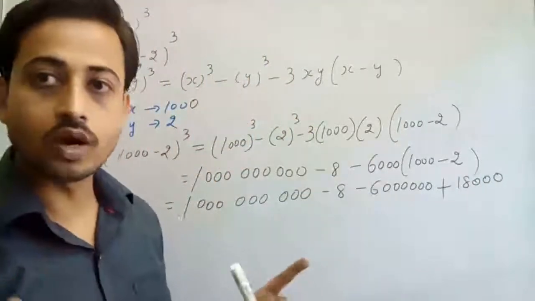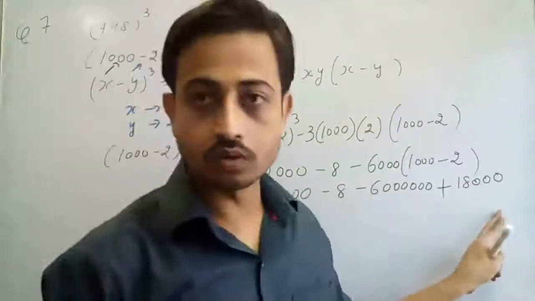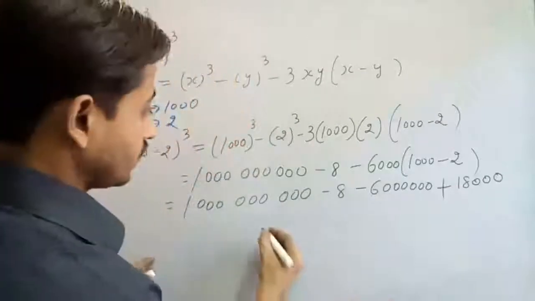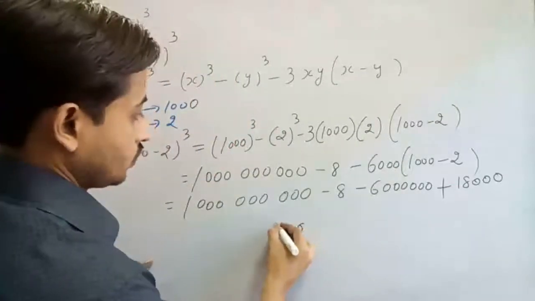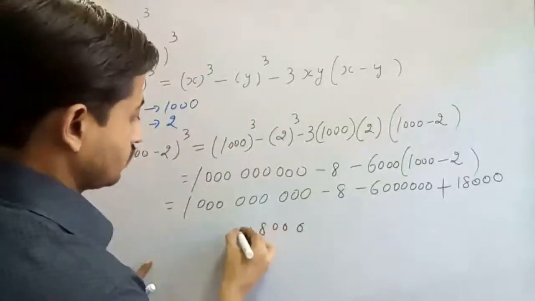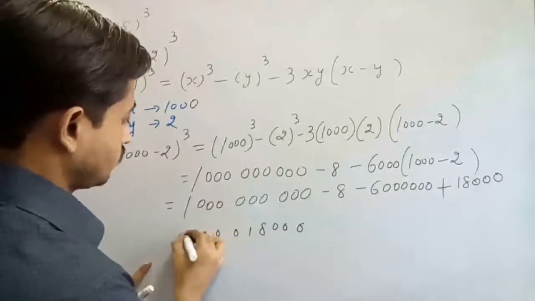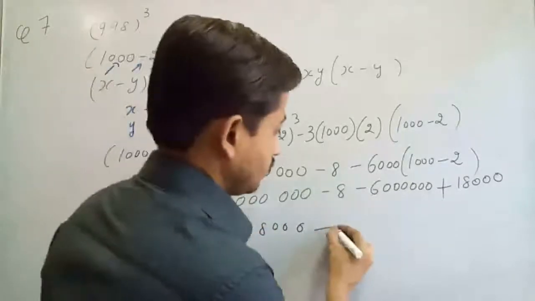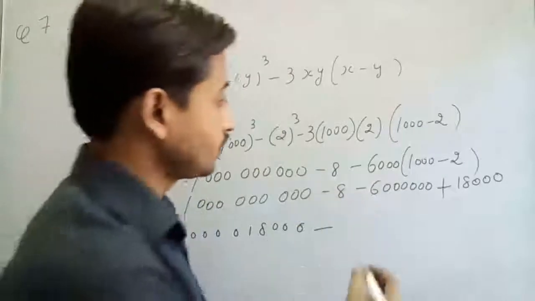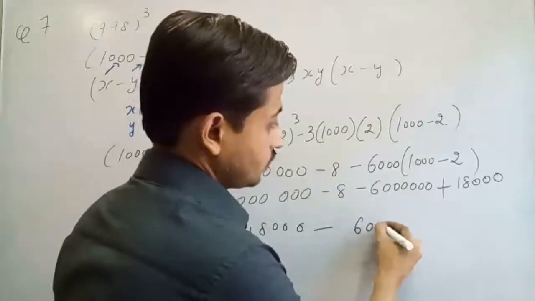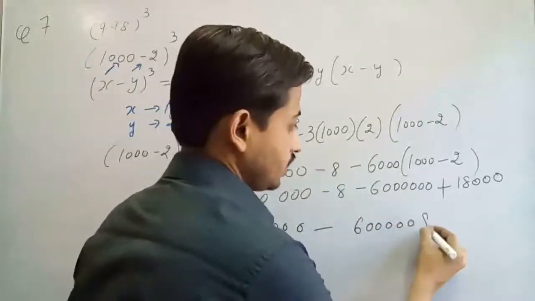So first we have to add. This is positive and this is positive, so we add them. Now the negative terms will add: 6000000 plus 8.